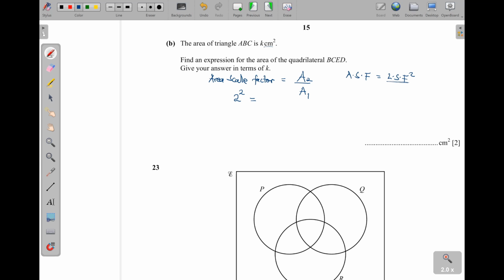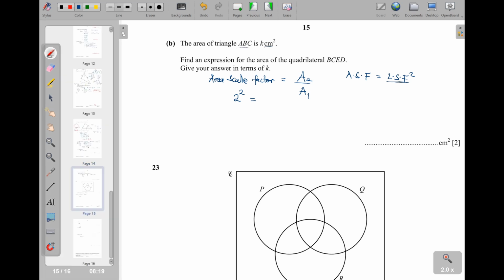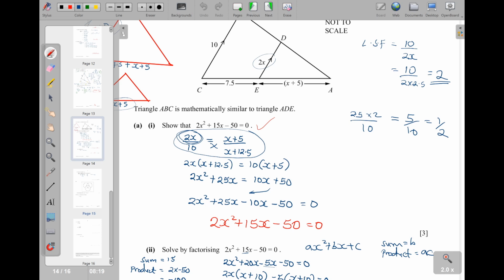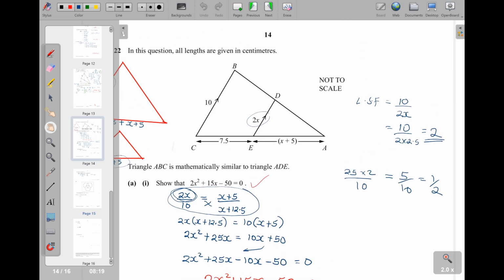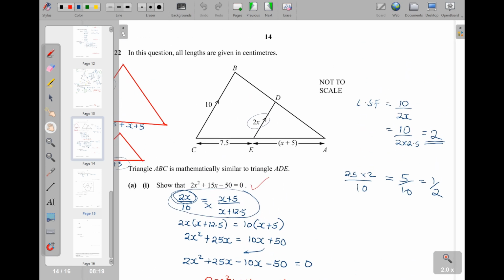Find an expression for the area of the whole quadrilateral. So this one they have given us is for ABC. Then I need to get, where is ABC? ABC, that is for the bigger one. Okay, it is K. Then we shall divide by this one of the smaller one.